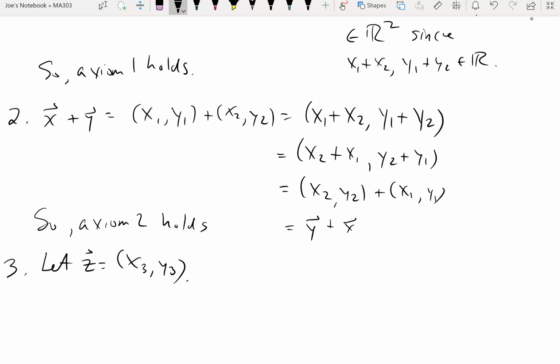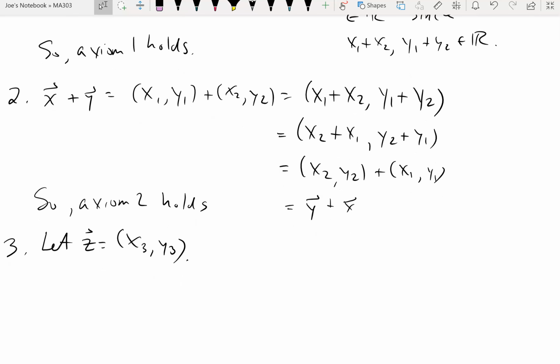All right, I need a third vector because the third vector space axiom talks about associativity. So I need a third vector. So I'm just going to call it z and let it be x3, y3. So let's show that we have the grouping, the regrouping, the associative property.